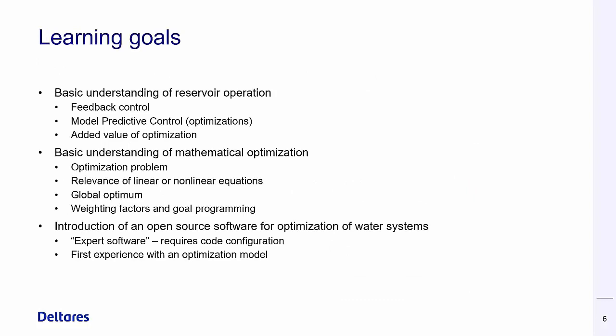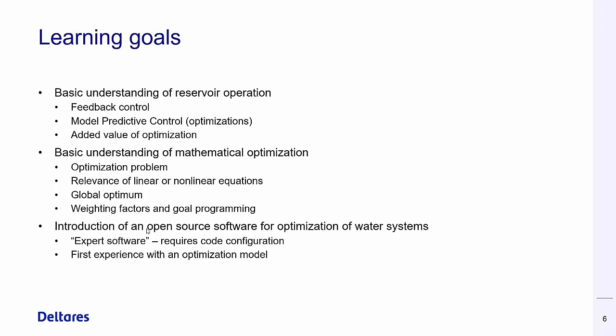Learning goals: basic understanding of reservoir operation, the two operational concepts, feedback control and model predictive control, and the added value of the optimization mentioned before. I want to provide a basic understanding of mathematical optimization, only focused on what we need for the model.